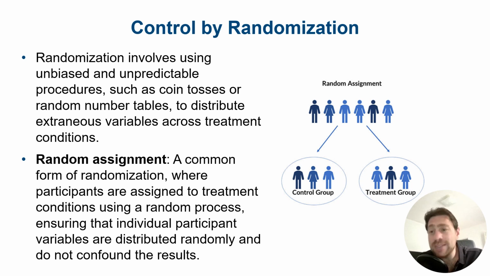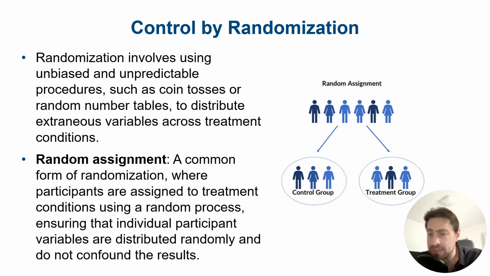Now, one common example of this is known as random assignment. This should not be confused with random selection. Recall, random selection is when you randomly select people from a population into your sample.